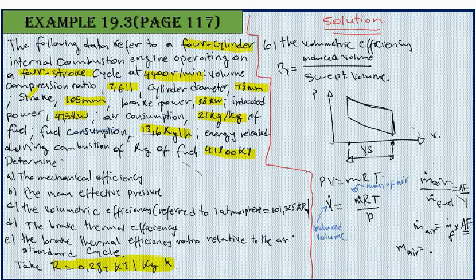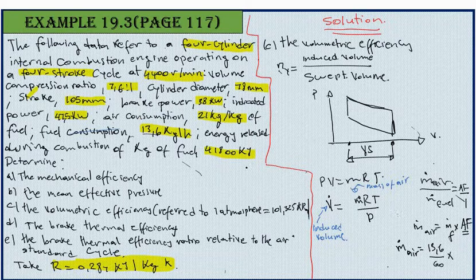So I have 13.6 divided by 60. So that is the mass rate of fuel in kilogram per minute. Then if I multiply by the air fuel ratio, I get the mass rate of air.